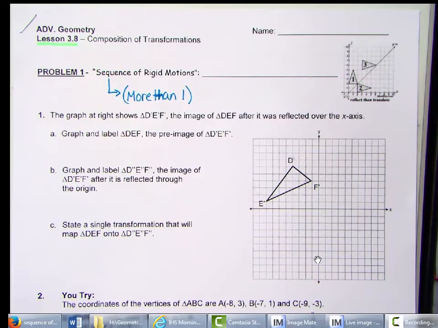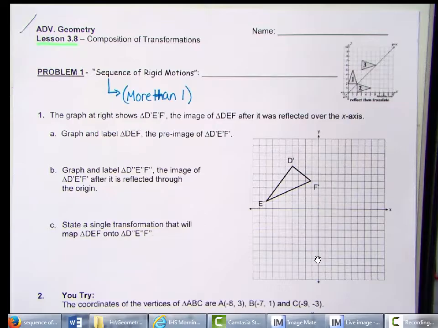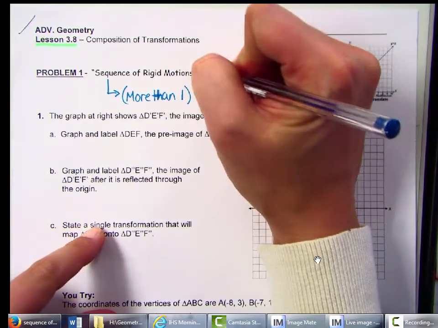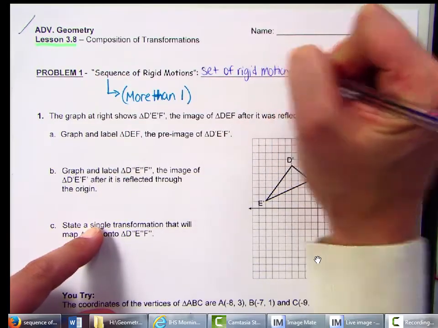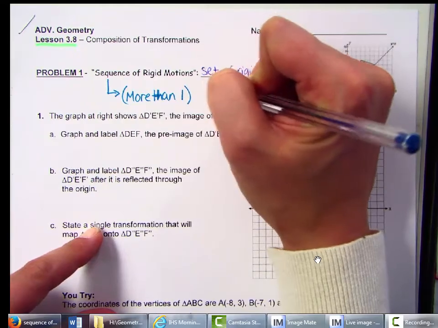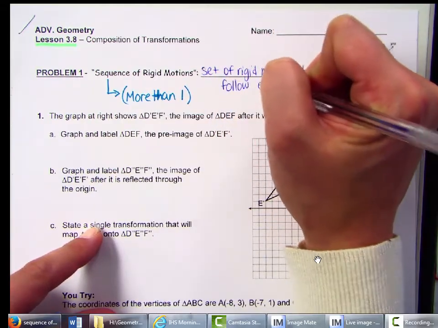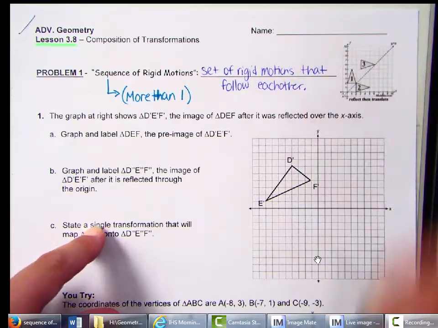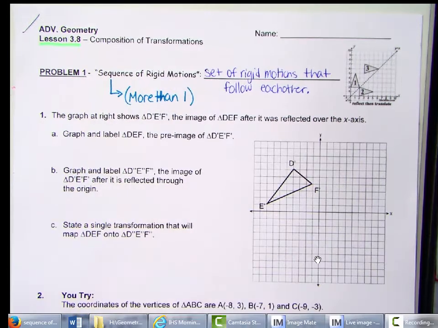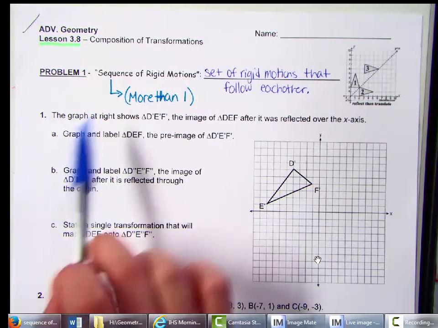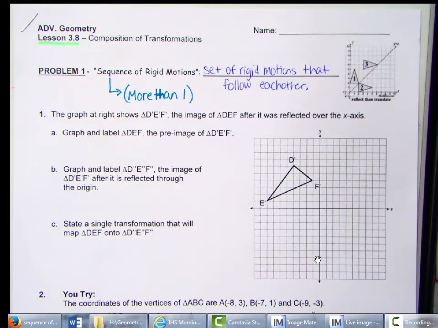The full definition of sequence of rigid motions is a set of rigid motions that follow each other. This vocabulary comes right from the Common Core, and it's used frequently on your Regents test, also in class, sequence of rigid motions. So that just means you're going to have to do more than one. Maybe a reflection, then a translation. So two things in one problem.